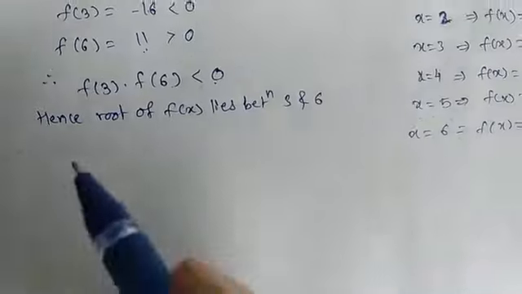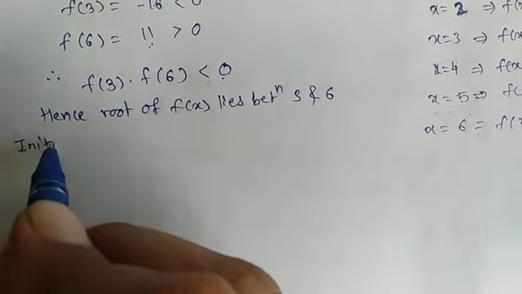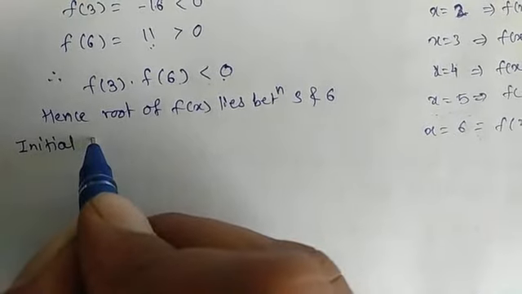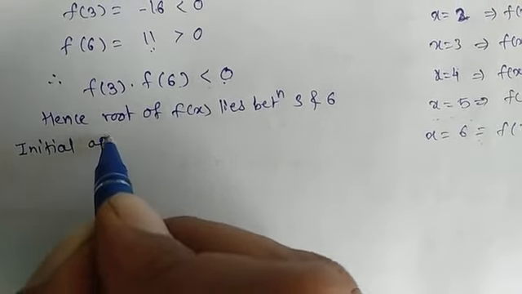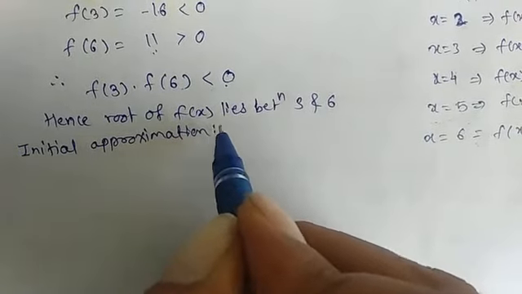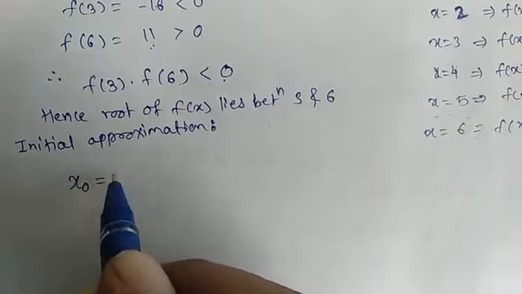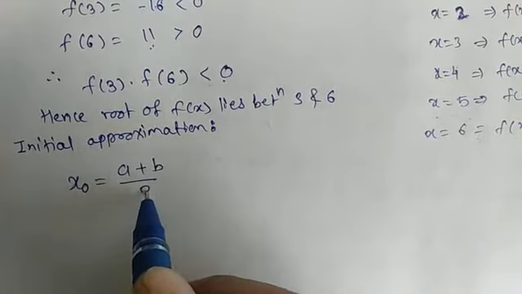Next is the initial iteration, the first initial approximation. Here we take x naught is equal to a plus b upon 2.